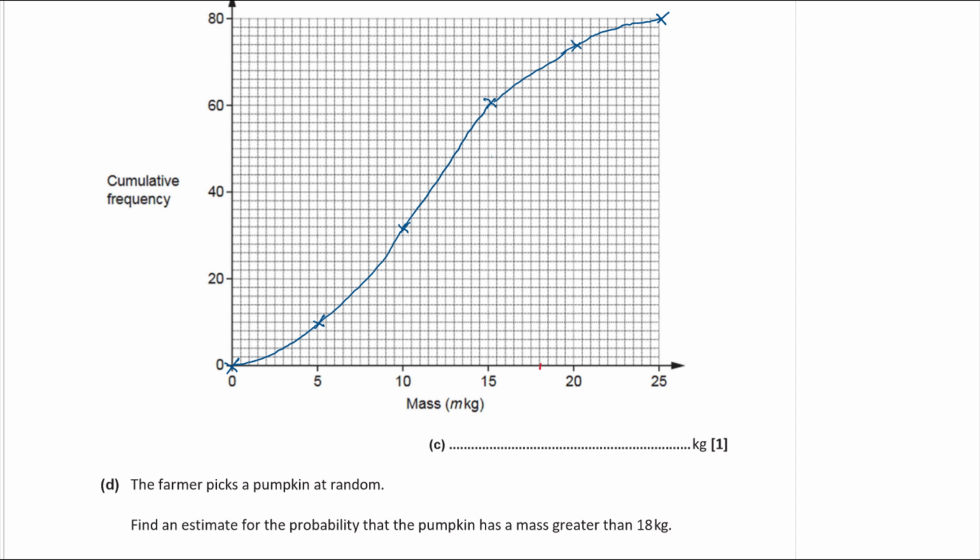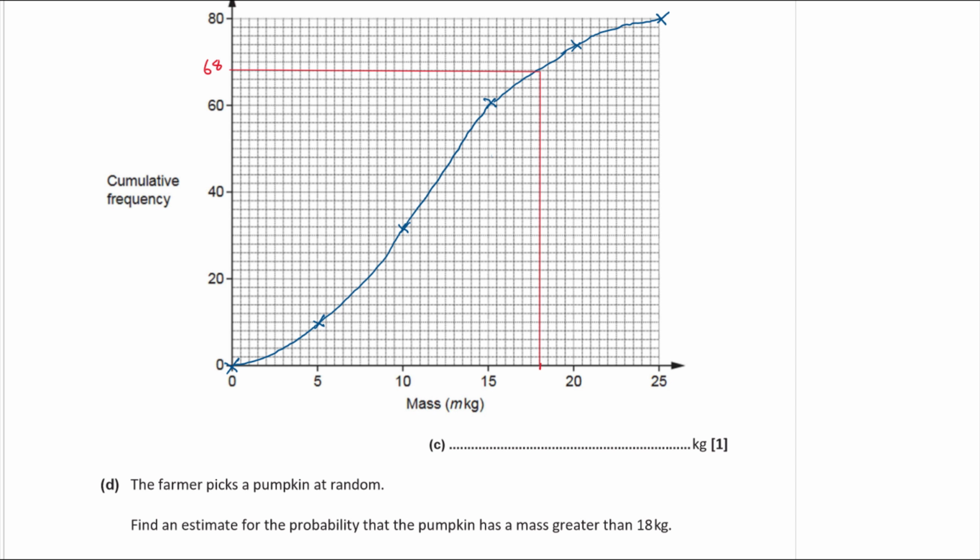So I need to read up to the graph. And then when I hit the curve, I'm going to turn left. Now on my graph, that's coming out as 68. Okay, now yours might be slightly different if you drew your curve slightly differently, but mine comes out to be 68.